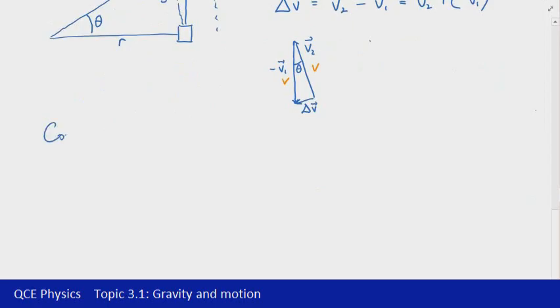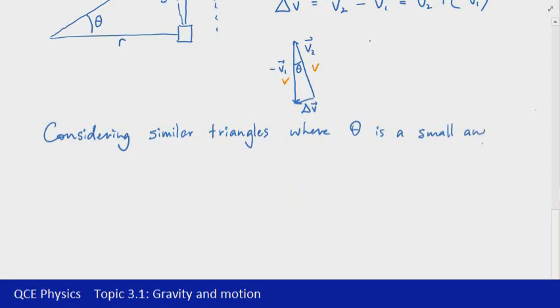So considering similar triangles, and note that we're dealing with theta being a small angle, the side delta v and the side s will approximate a straight line, not quite, but close enough.